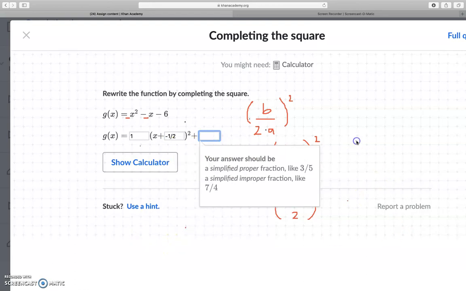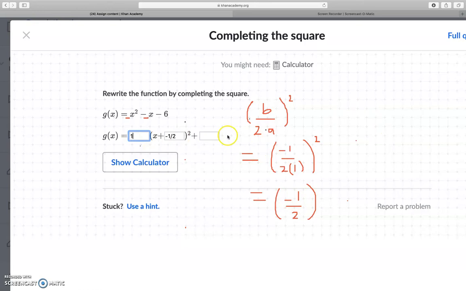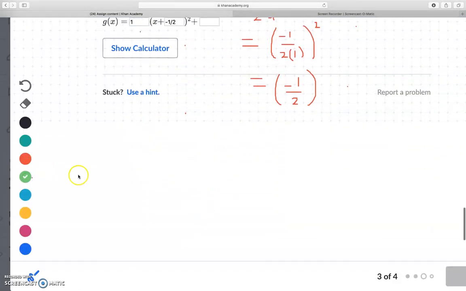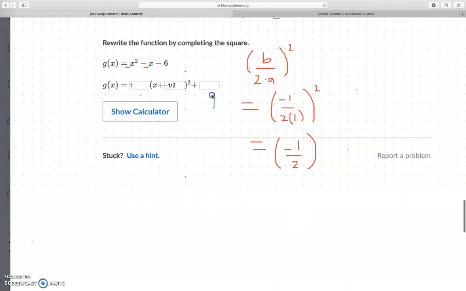All right, now this -6, let me get that out of the way. Sorry, to get this blank here, let me use a different color. To get this blank, you're going to use this number. So you're going to have -6 minus whatever, oh, this had a power of 2, sorry.